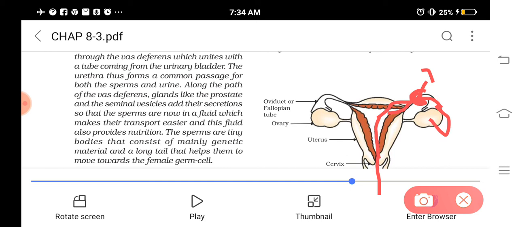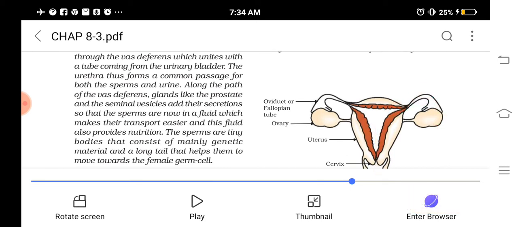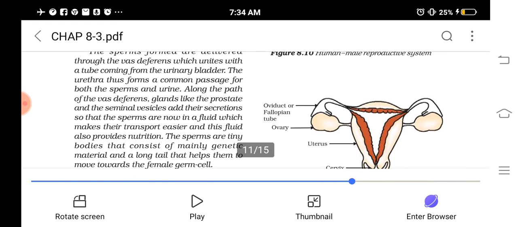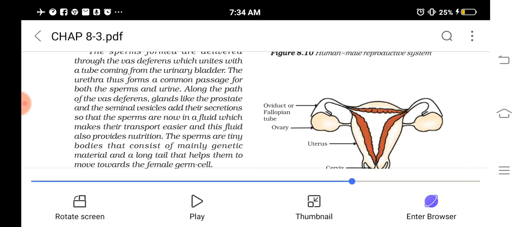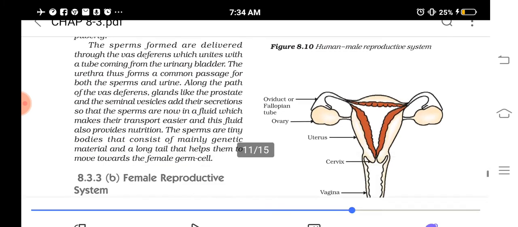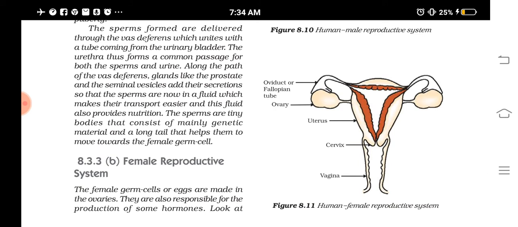So after fertilization, the zygote, or the fertilized egg, will move down and get embedded in the uterus tissue. The fertilized egg will come down and attach itself to the uterine wall, and this process is known as implantation.